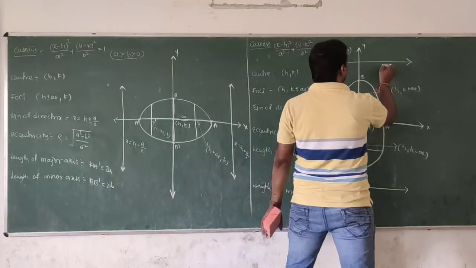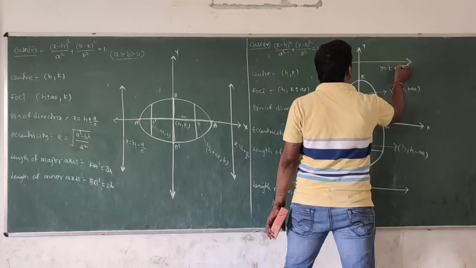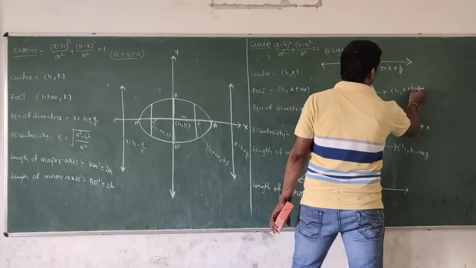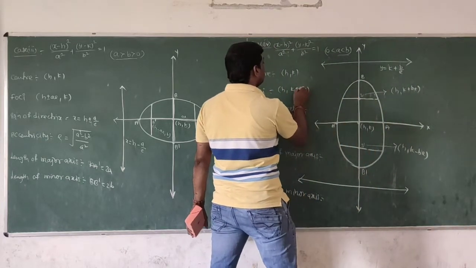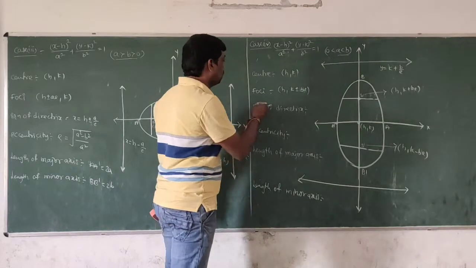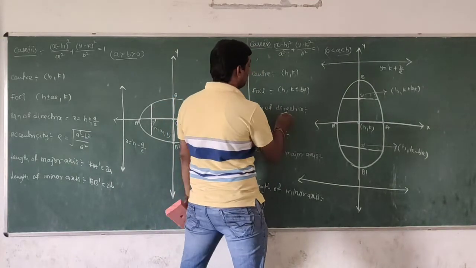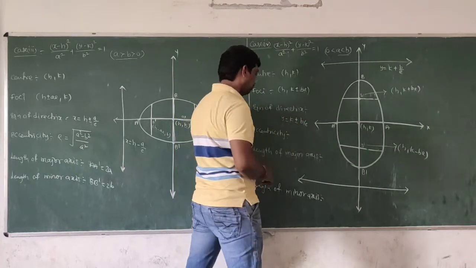So the equation of directrix is y equal to k plus b by... sorry, here b. Sorry, wait. Here k plus or minus b. Equation of directrix is y equal to k plus or minus b by e.